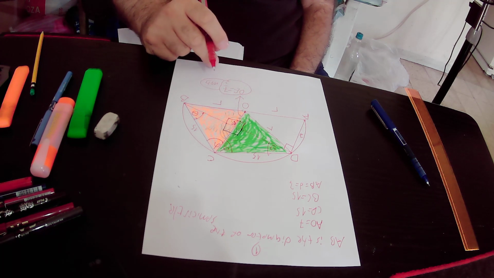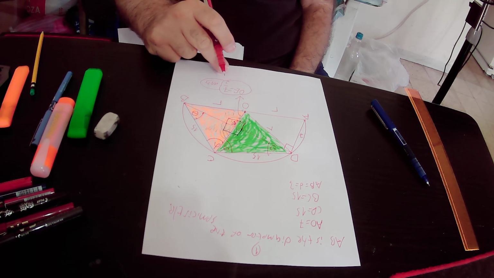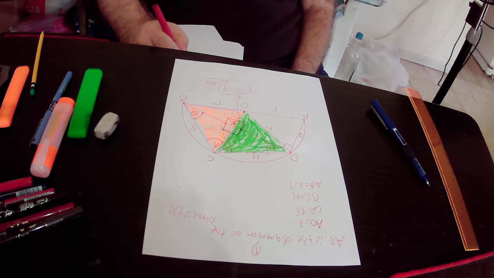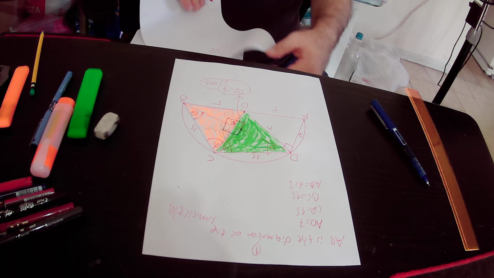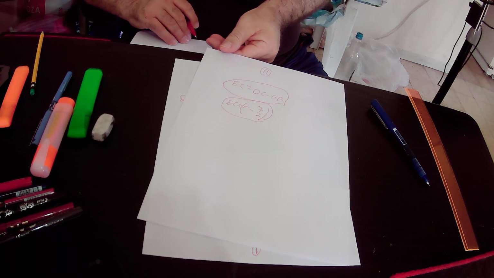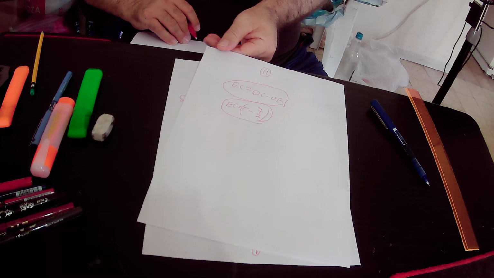What is the value of OE? OE equals 7 over 2 units. So in total we found that EC equals R minus 7 over 2 units.